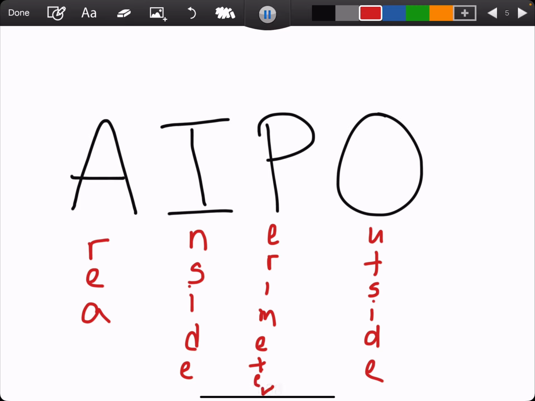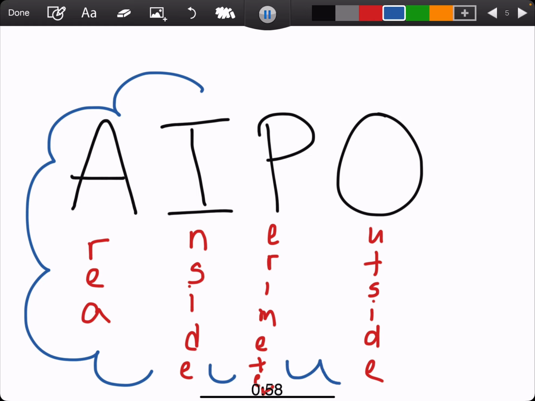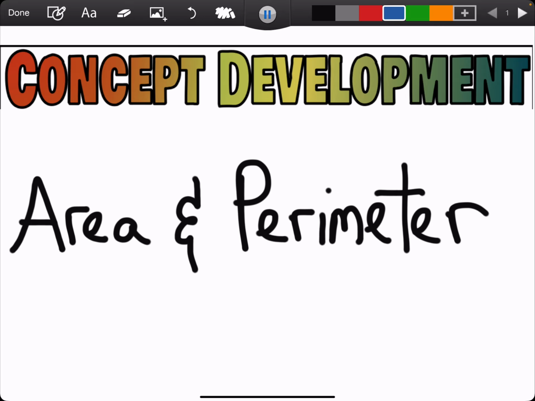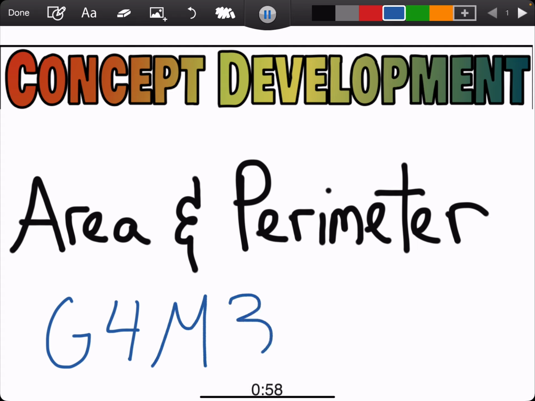So if we're unsure of which is finding the distance around a shape and which is finding all the space inside the shape, I go AIPO. And that is just a quick review, and this is for grade 4, module 3, lesson 1.